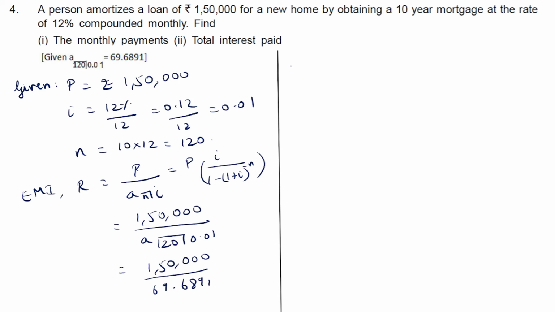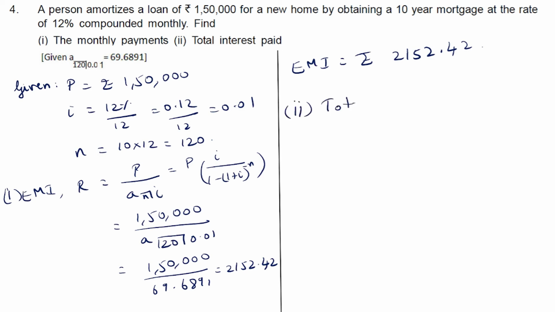So this, when we simplify, we get it as EMI equal to 2,152.42. So EMI equal to rupees 2,152.42. This is the first subdivision. The first subdivision, they have asked the monthly payments, that is the EMI. EMI we got the answer as 2,152.42. Now we need to find the total interest paid.